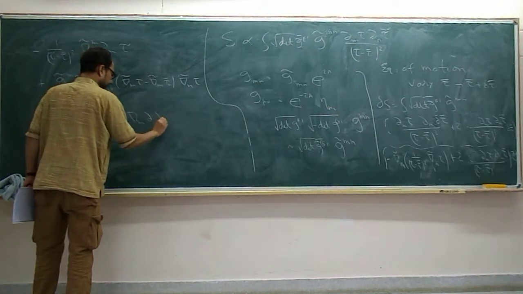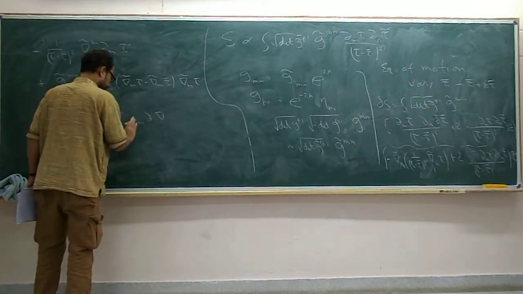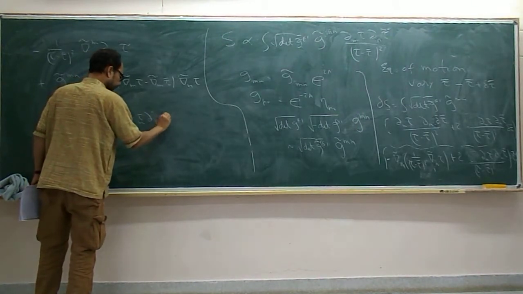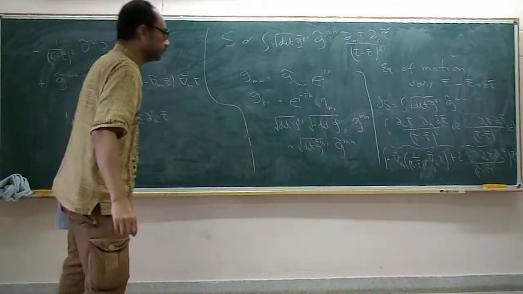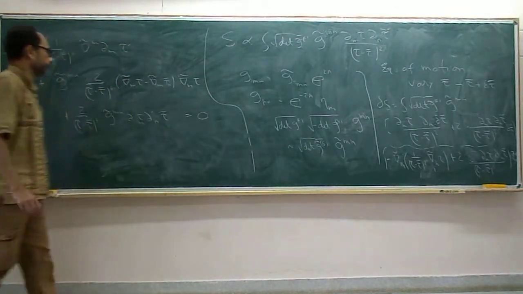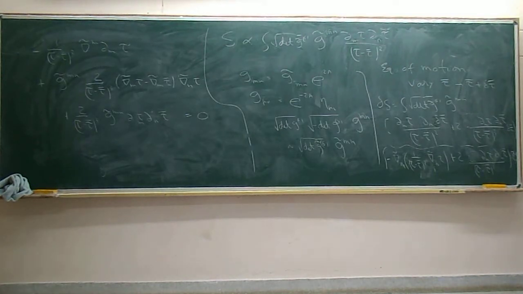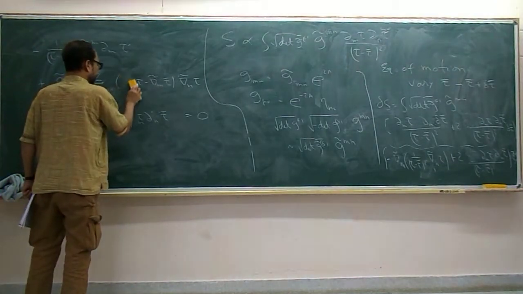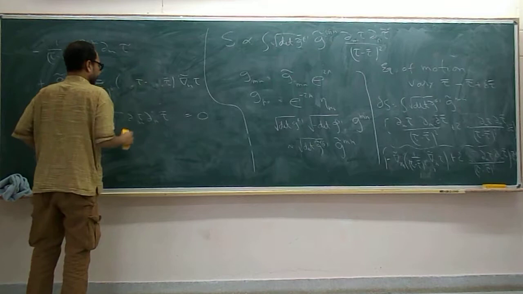But this I can write also as an ordinary derivative. This should be 0. That's the equation of motion. Okay, these also I can just replace with ordinary derivatives, because acting on a scalar, the covariant derivative and ordinary derivative are the same.